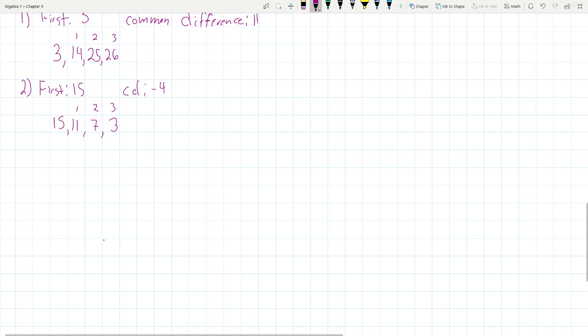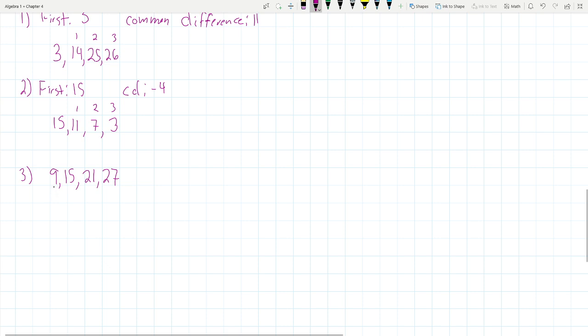Alright, 3, 4, 5, and 6 ask us to find the common difference of the arithmetic sequence. So for number 3, we're given a set of terms. We're given 9, 15, 21, 27. And so what we do is we want to check, and we want to make sure it applies to all of them, because later on we're going to get to a point where maybe it's not actually a sequence.